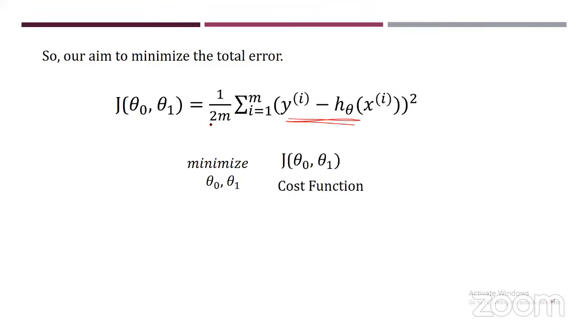This 2 and this 2 have been written just for mathematical simplification. You are calculating the summation over all your instances, so in order to calculate the average, this has been introduced, and these two things are just used for mathematical simplification.